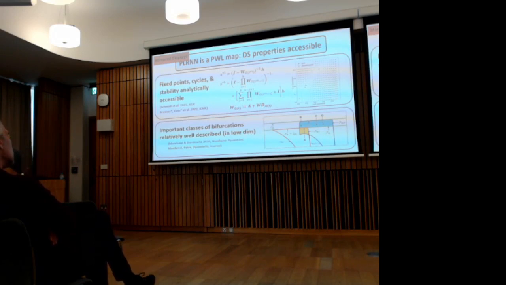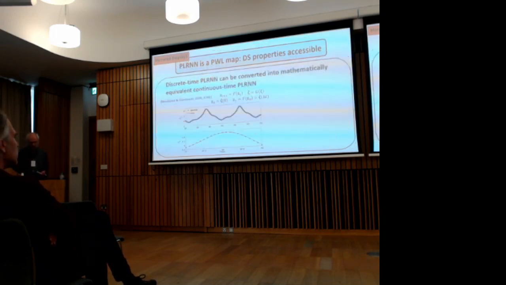Piecewise linear systems have been studied for a long time in dynamical systems theory, for decades. Many important classes of properties and bifurcations are characterized quite well in these systems. And moreover, it turns out that you can go pretty easily back and forth between a continuous time and a discrete time description.